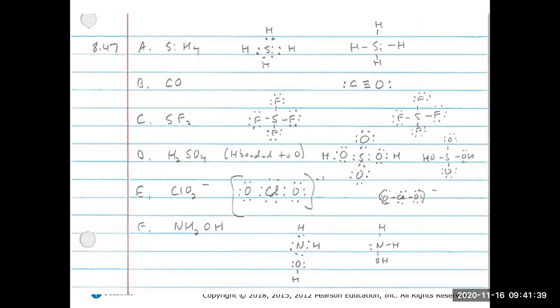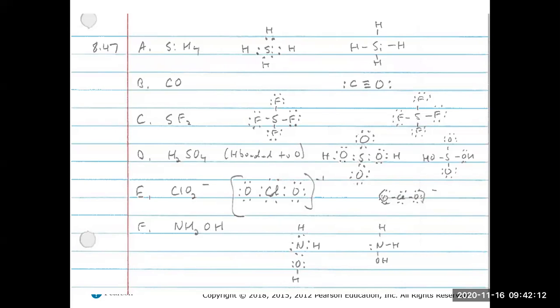We can fit those around, and now we have the extra electron from the negative charge to balance things out. And we see that we have a single bond from the chlorine to each of the oxygens, 6 free electrons around each of those oxygens, 4 free electrons around the chlorine, and then it's important when you draw these types of structures, you put the parentheses and then put the minus around it.